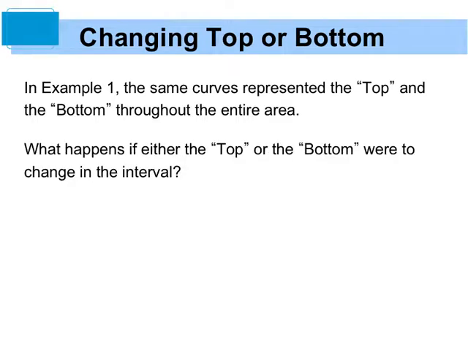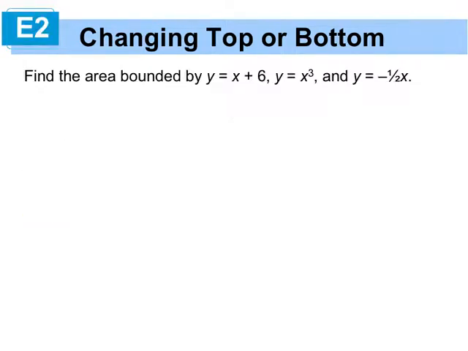Okay, so suppose the top and bottom change, like this guy. So we'll practice for a second. I have a picture, which I'll show you in a second, but on your notes there, just sketch what that looks like. Because you'll have some problems where you'll have to sketch the region. Doesn't have to be perfect, but it should be close enough that it represents what you're trying to solve for here.